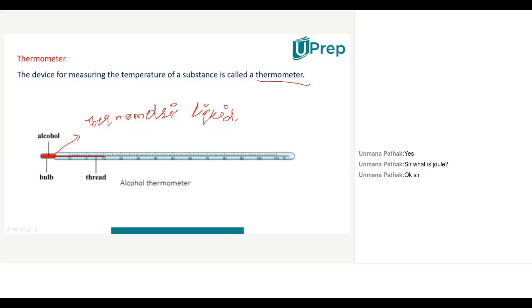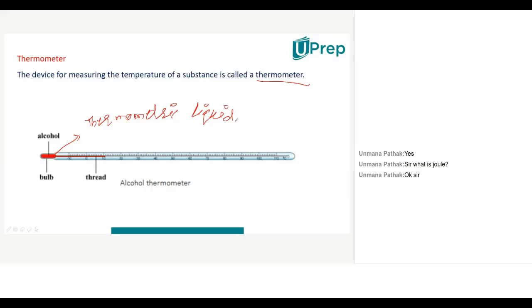Sir, the alcohol present in the alcohol thermometer. Okay. So generally, whatever liquid or material we use to measure the temperature will be called a thermometric substance actually. As we are using alcohol liquid here, that's why I'm calling it thermometric liquid.